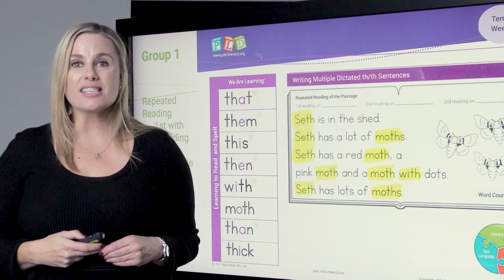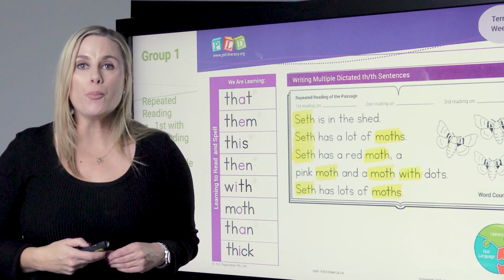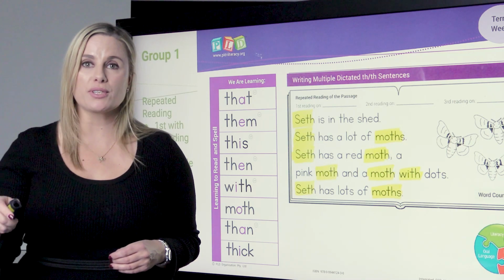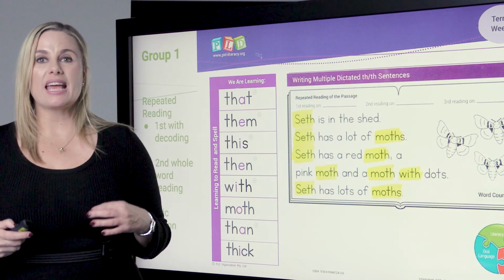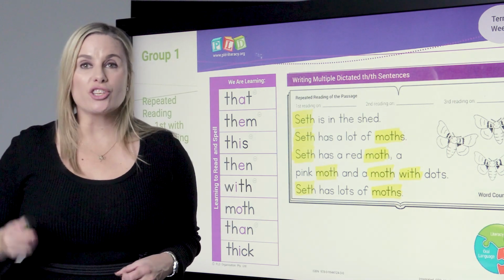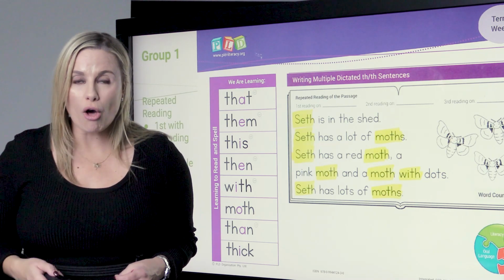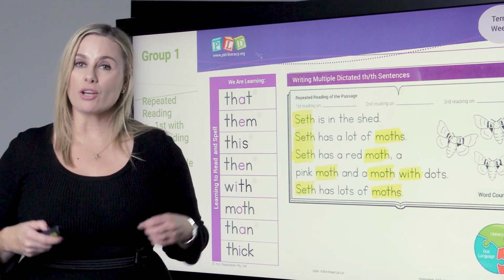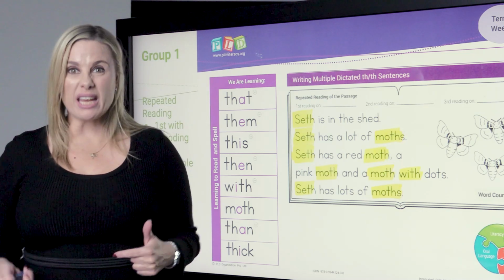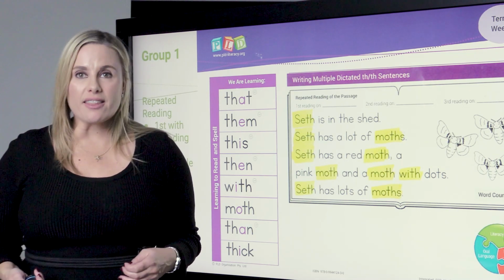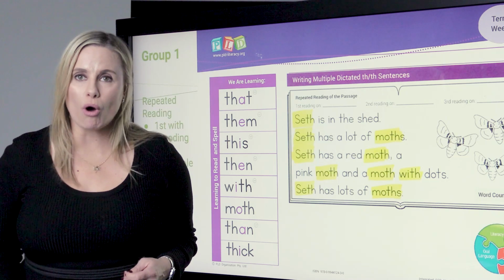Seth has lots of moths. Let's reread. Seth is in the shed. Seth has a lot of moths. Seth has a red moth, a pink moth, and a moth with dots. Seth has lots of moths.